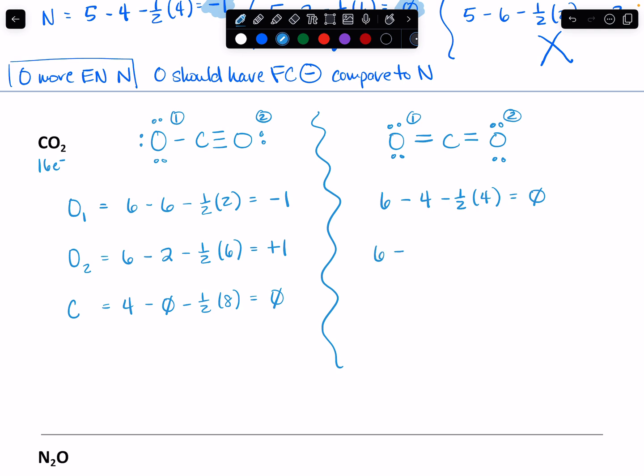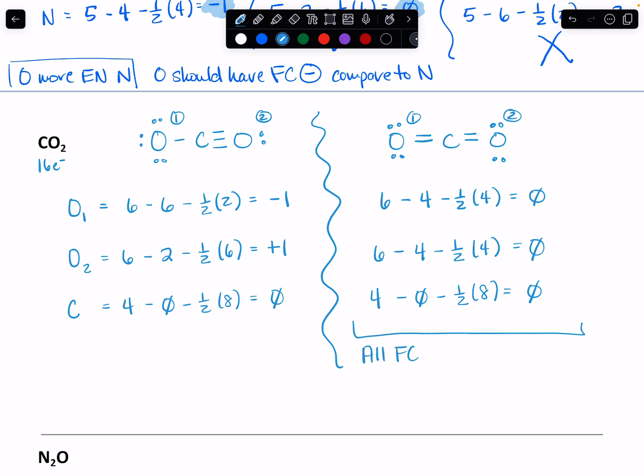O2, same thing: 6 valence, 4 lone pair electrons, and then half of the bonded electrons. Formal charge is 0. And then for carbon, 4 valence, no lone pairs, minus half of those 8 bonded. So you can see here all formal charges are 0. This is going to be most stable.